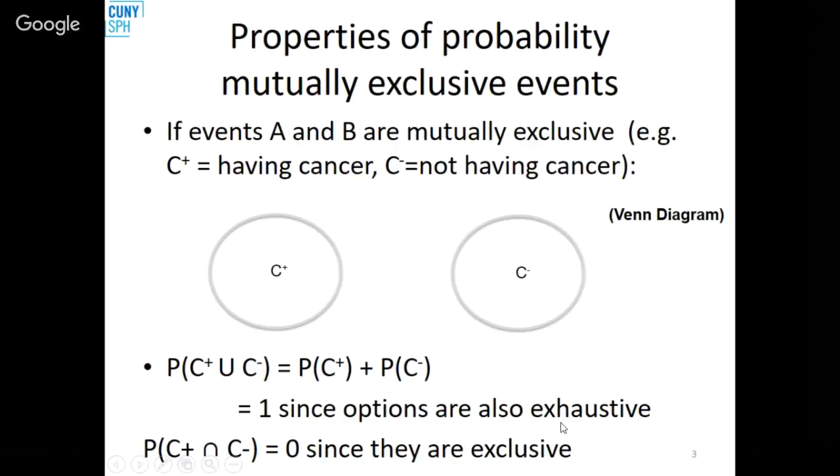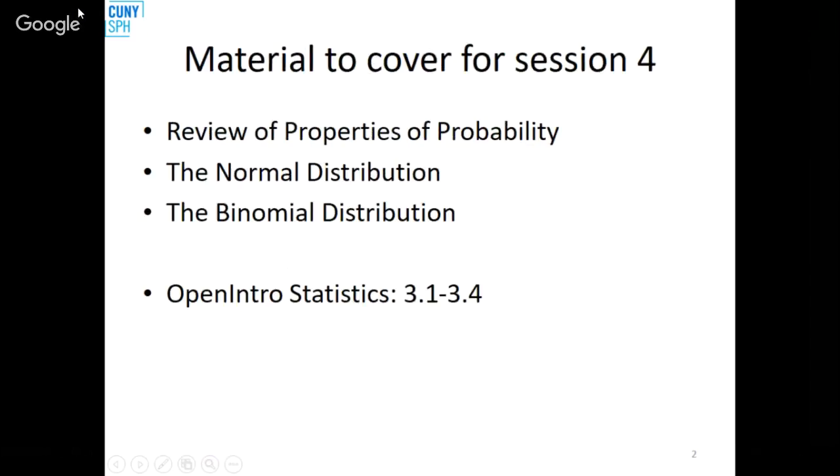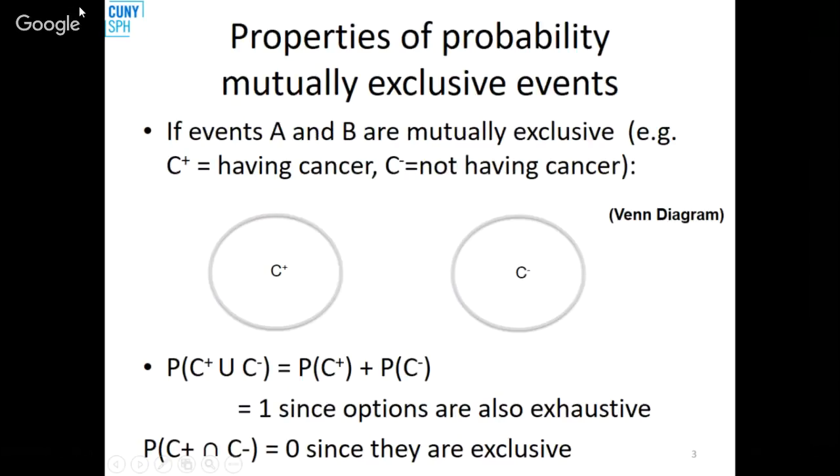And if those are also exhaustive, there's no third possibility, then that sum has to equal 1, because the sum of probabilities of all possible events always equals 1. And conversely, the probability of having cancer intersected with not having cancer is equal to 0, since these are exclusive events.